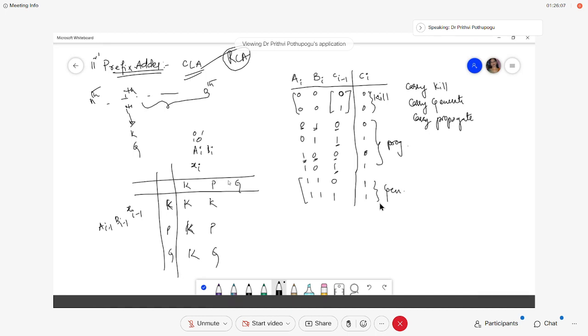Now if the present stage bits are both 1, 1, irrespective of the previous stage carry, whether it is kill, propagate, or generate, this is a direct generate. Hope you are able to understand this now. We are taking the concept of kill, generate, and propagate for making the iteration faster, making the addition process faster. Hope you understood this.